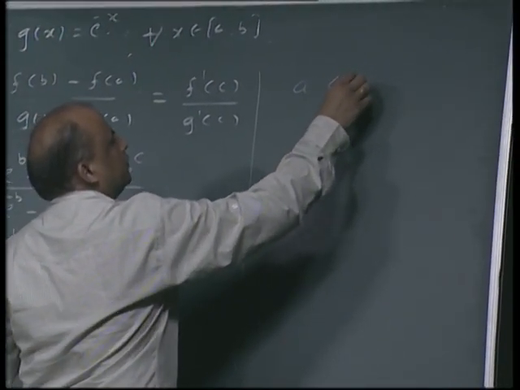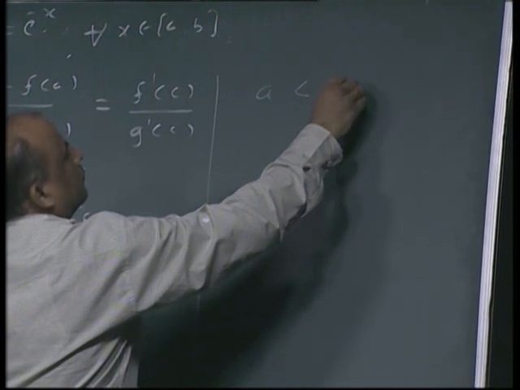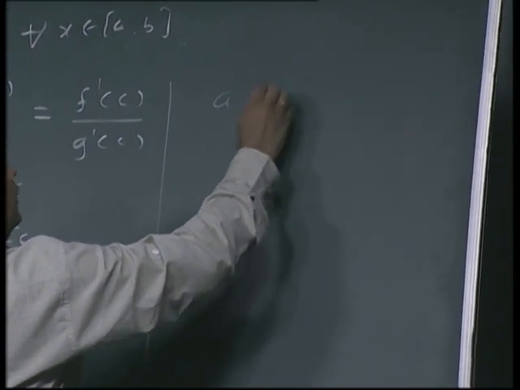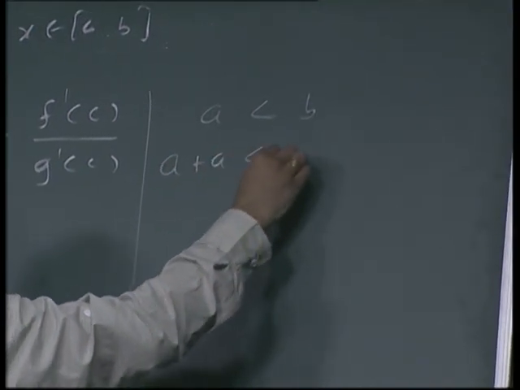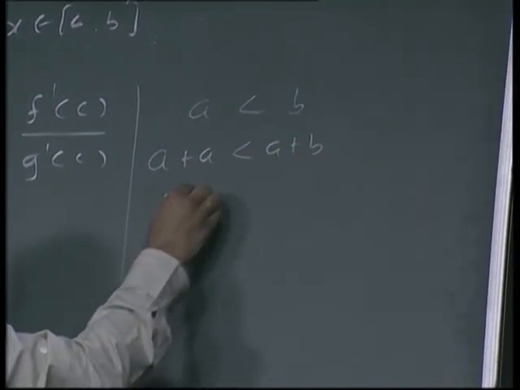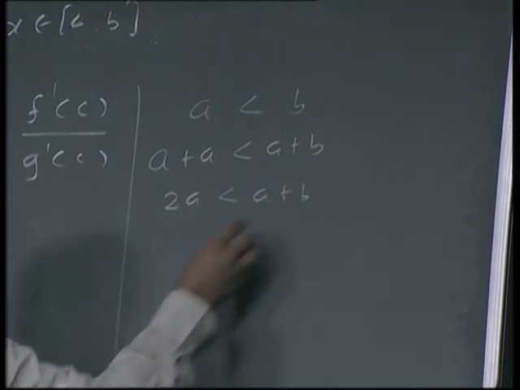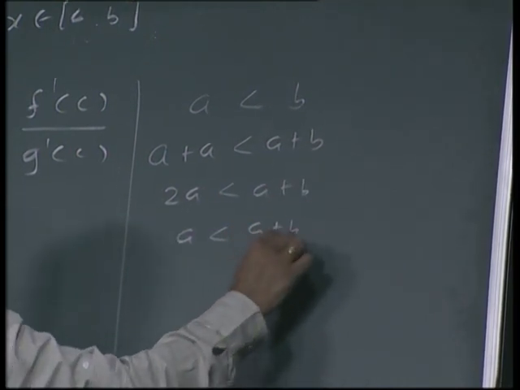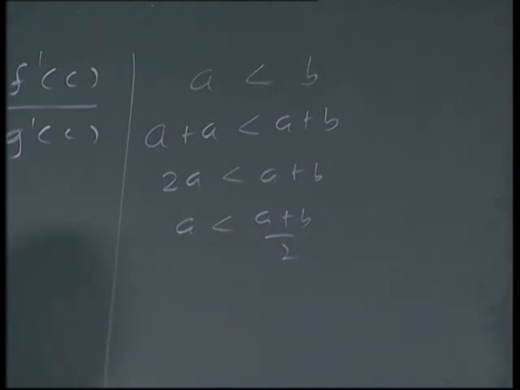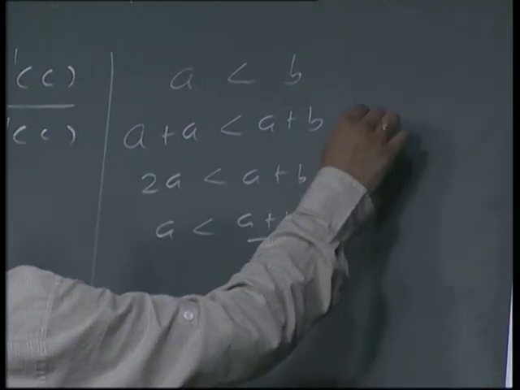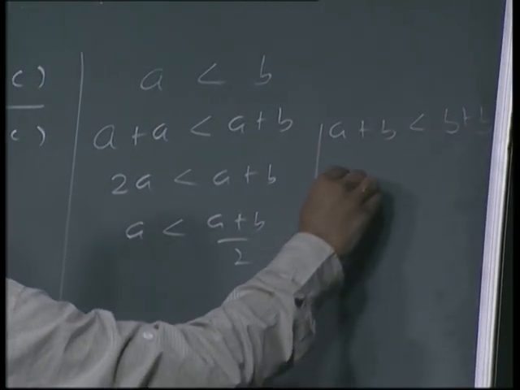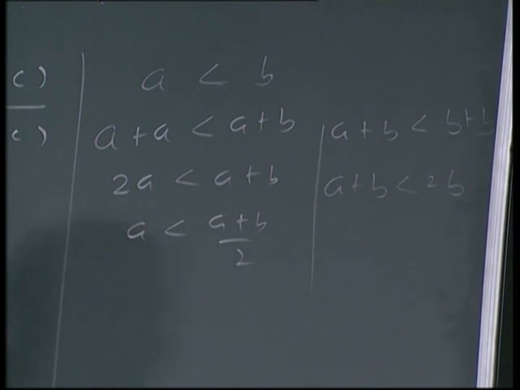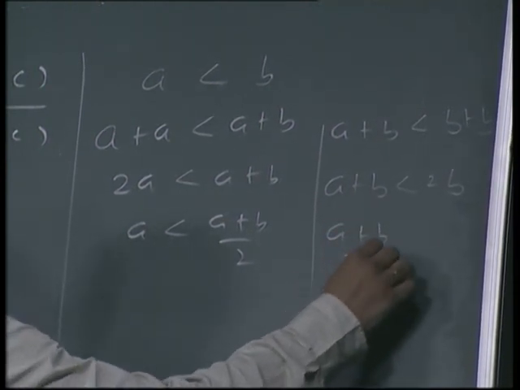a is less than b. So if you add a, a plus a is less than a plus b, so 2a is less than a plus b, so a is less than (a plus b) by 2. And if you add b, a plus b is less than b plus b, so a plus b is less than 2b, and therefore (a plus b) by 2 is less than b.